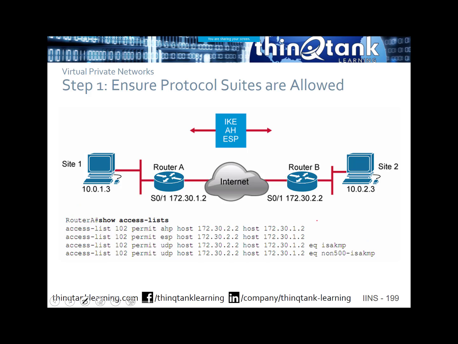We don't have to configure this access list in our topology because we're not applying any security rules on the outside interfaces of our routers. Everything is allowed in on these interfaces, which means that ESP and IPsec will work just fine.